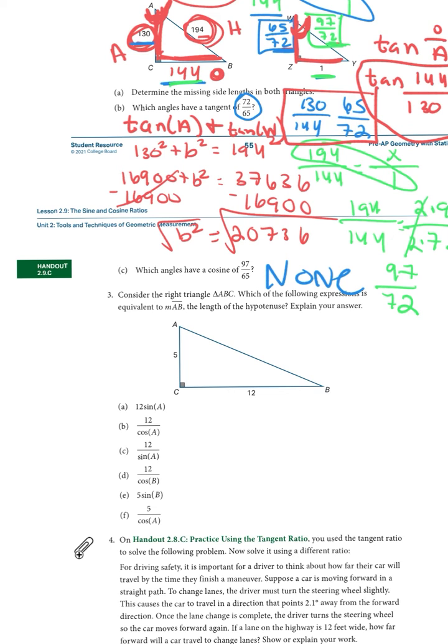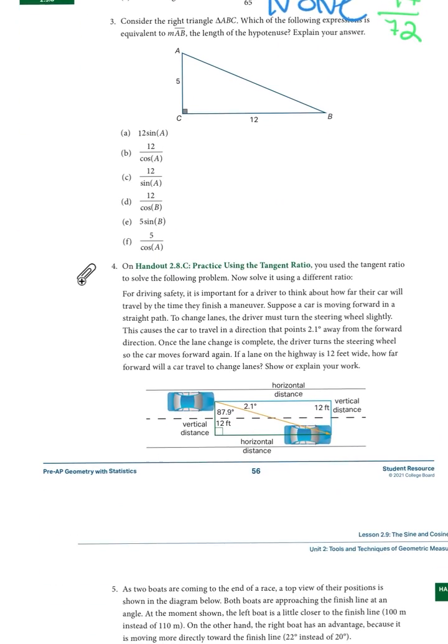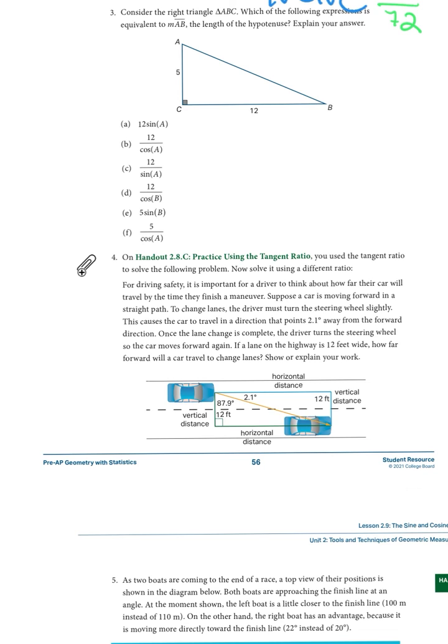Okay, number 3. Consider the right triangle ABC. Which of the following expressions is equivalent to the measurement of line segment AB, the length of the hypotenuse? Explain your answer.